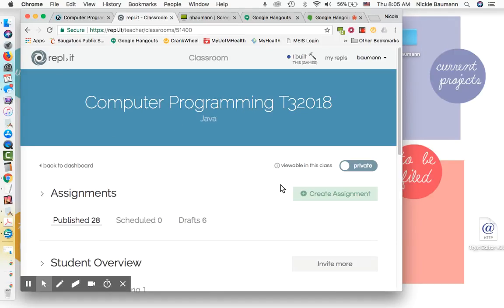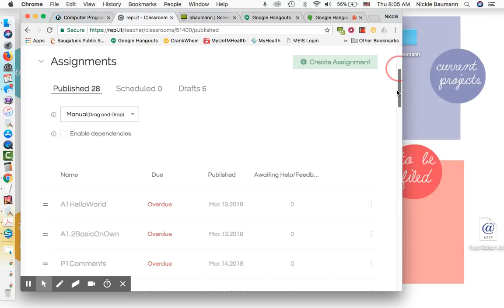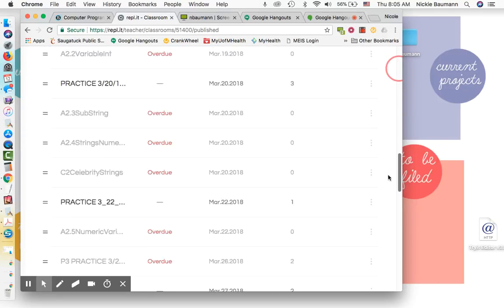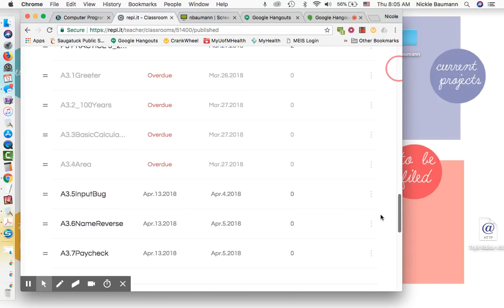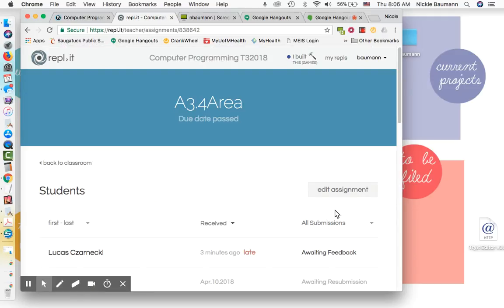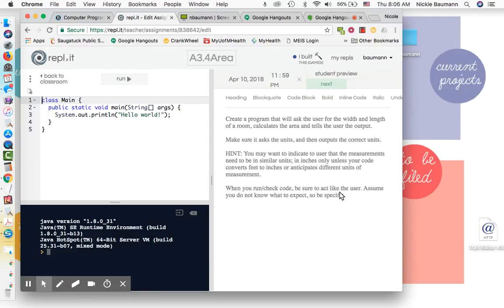I'm trying to think what other ones that people struggled with here. Area, same thing. For example, here I said you're going to create a room and it should be length and width, and it calculates the user's output.